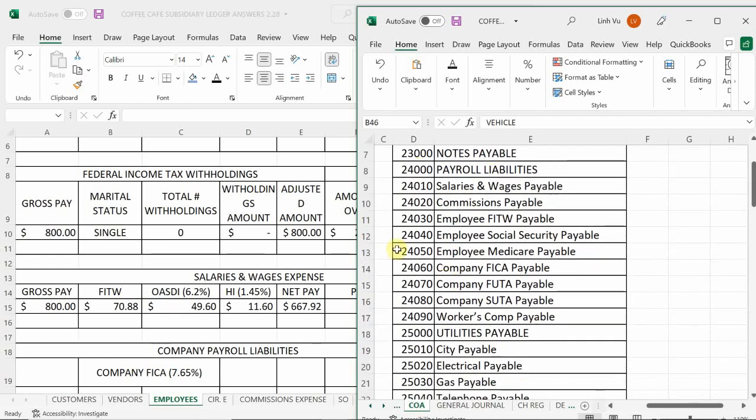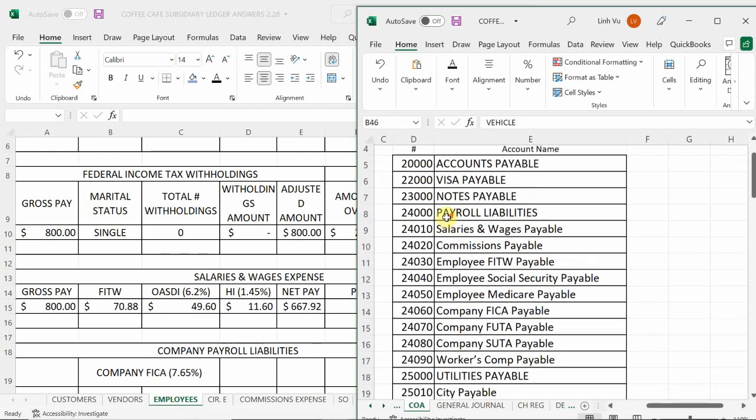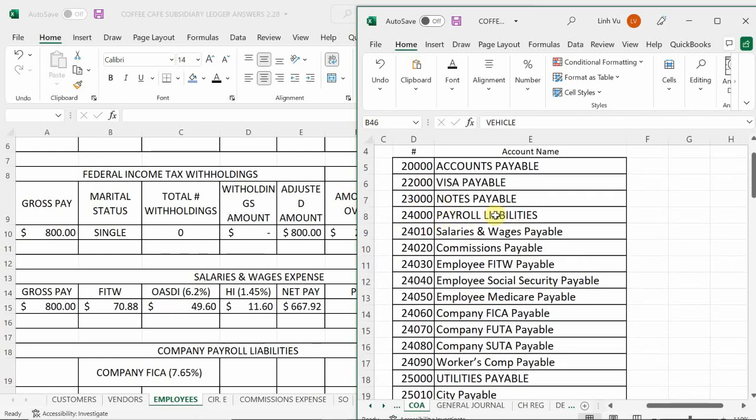So let's take a look at payroll liabilities. Okay, so here are the payroll liabilities. We got salaries and wages payable. No. Commissions payable. No. Employee FITW payable. Yes. Employee Social Security payable. Yes. Employee Medicare payable. Yes. Okay, so these are the three things that we're going to be plugging in.